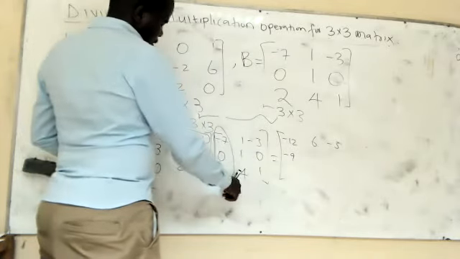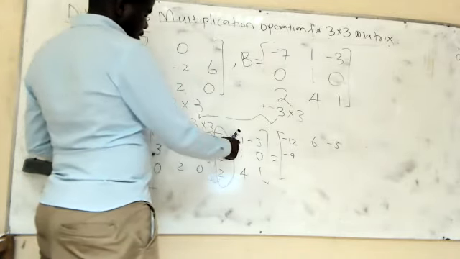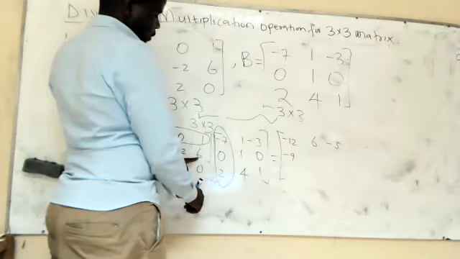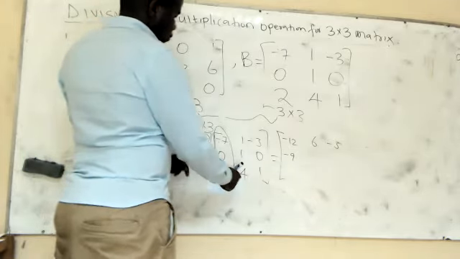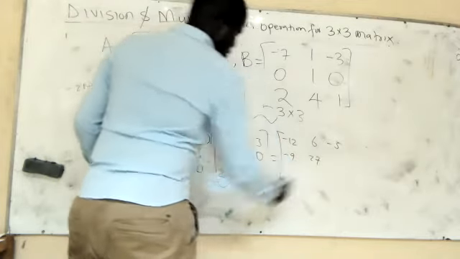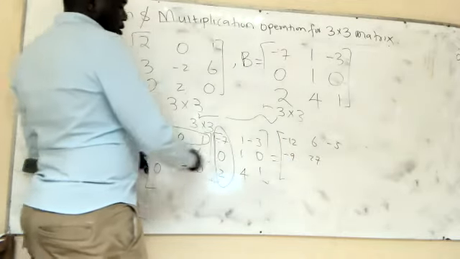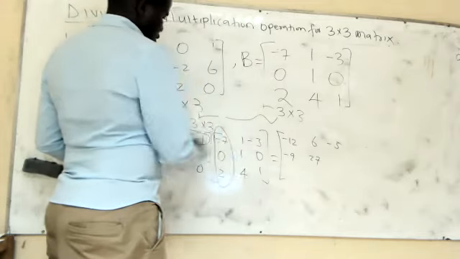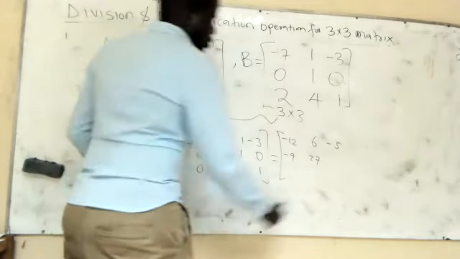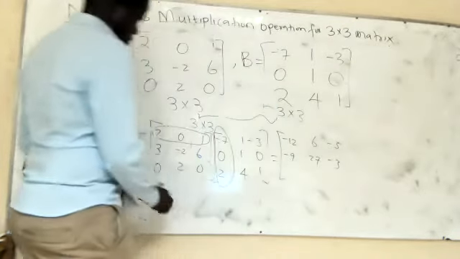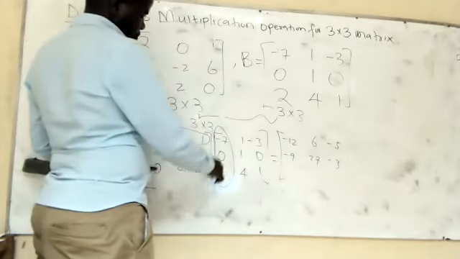And then this with that is going to be 3. 16. 27. Negative 21 plus 12 is negative 9.